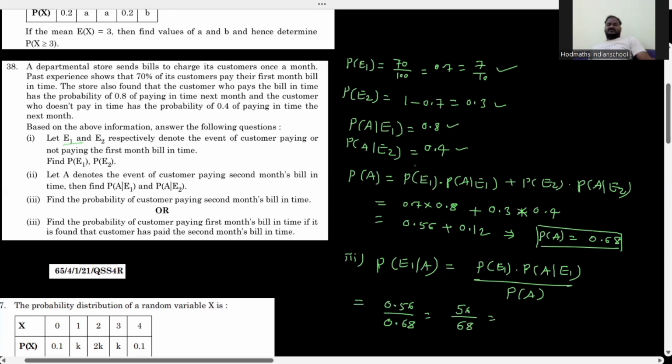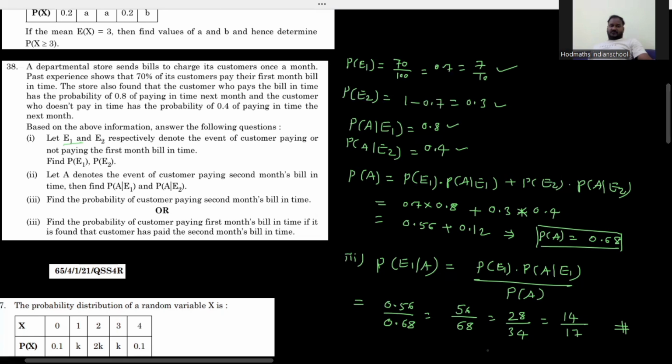So 56 by 68 can be simplified further. 2 fours are 8, 2 twos are 4... cancelling by 2 again, we get 14 divided by 17, which is the probability of E1 given A.